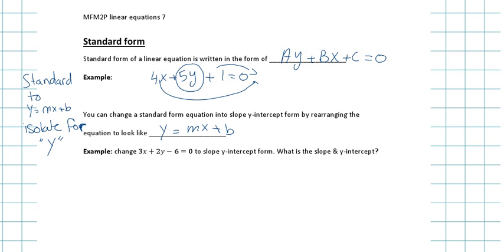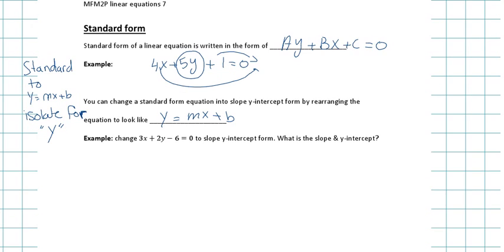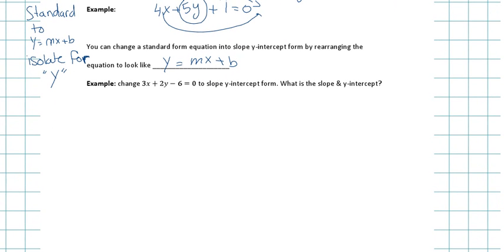Okay. Help me. So I have 3x plus 2y minus 6 equals 0. They want us to change it to slope y-intercept form. So what do I have to do? Move everything else except the y. So, help me.